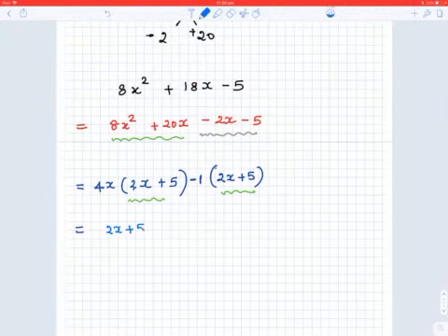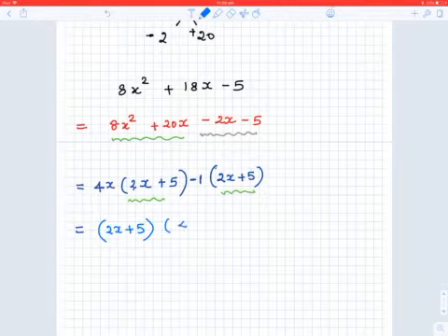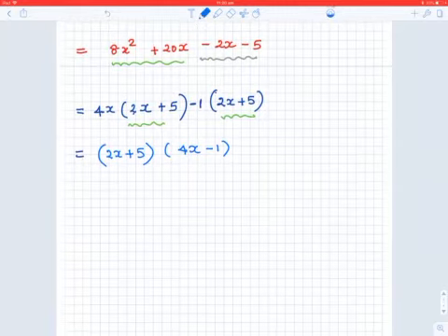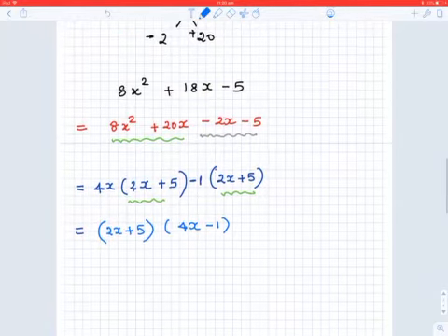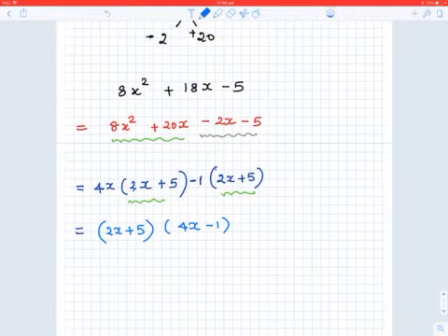So therefore 2x plus 5 can be taken outside, leaving 4x in the first one and the second term is minus 1. So we can see 8x squared plus 18x minus 5 equals 2x plus 5 bracket.